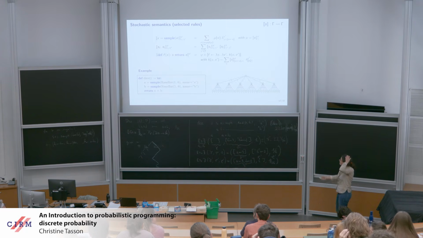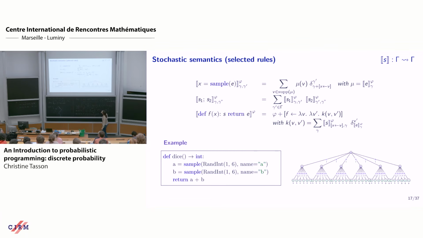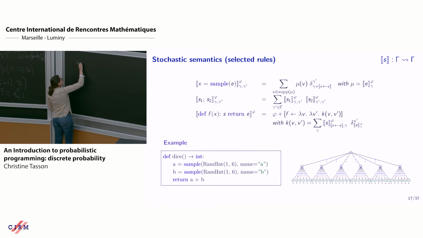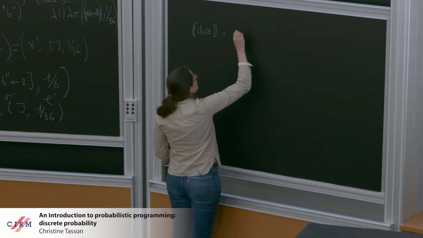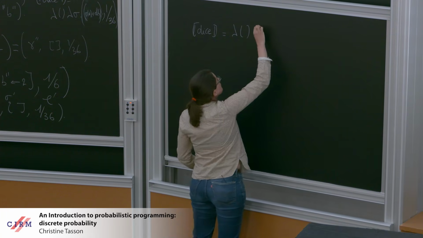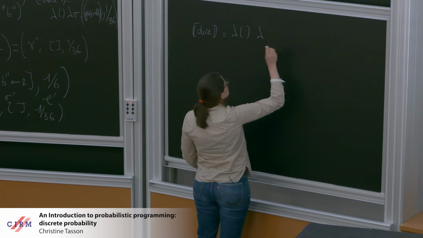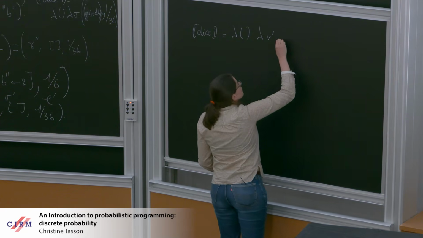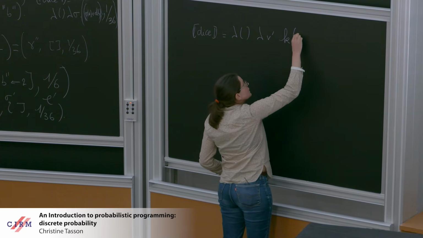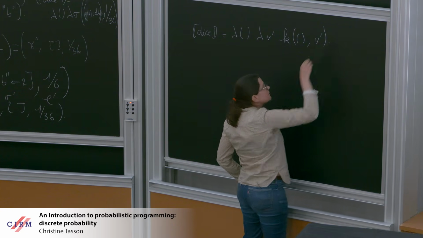Okay, so I need to give semantics to S1, S2, and what I want to compute is the probability distribution. So the semantics of dice is a function lambda, well, there is no input value. And what is the potential output value? It will be V prime. Given that there is no input value, what is the probability to get the output value V prime?